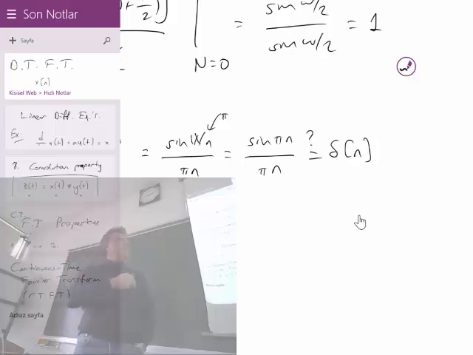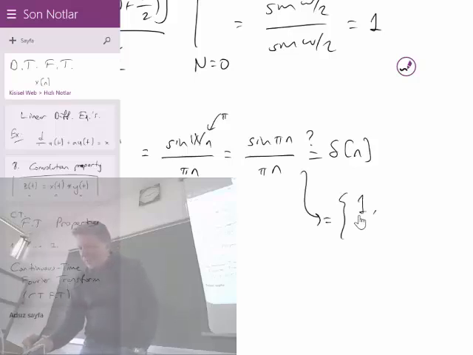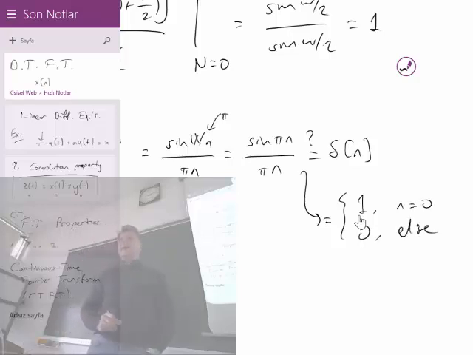They cancel each other and you get a 1. So at n equal to 0, this ratio is 1. For all other n's, the denominator is different from 0, but the numerator will always be 0. So this thing is equal to 1 when n is equal to 0, and 0 for all other n values.